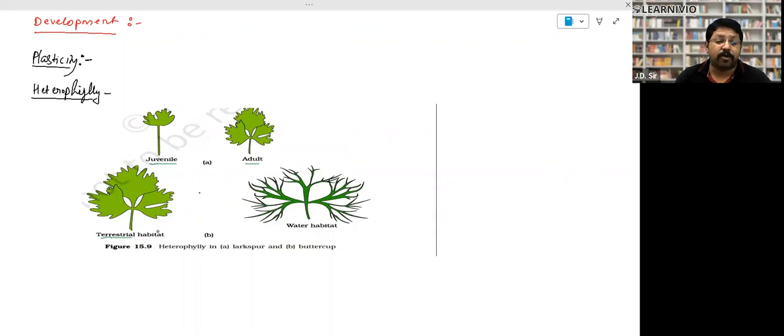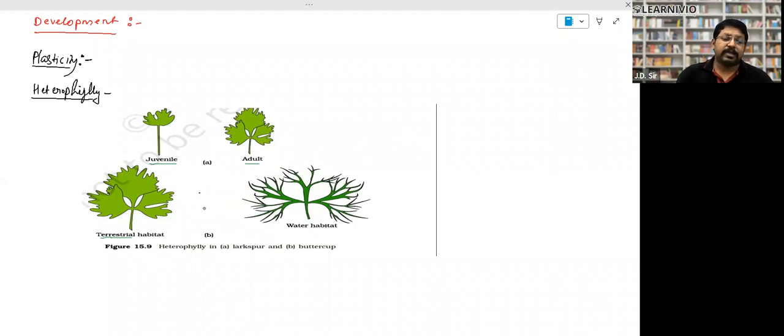If it is found in the water habitat, the leaf will be like this way. So in different phases of life and in different habitats, the same plant species changes its structure. This property is called plasticity, right?